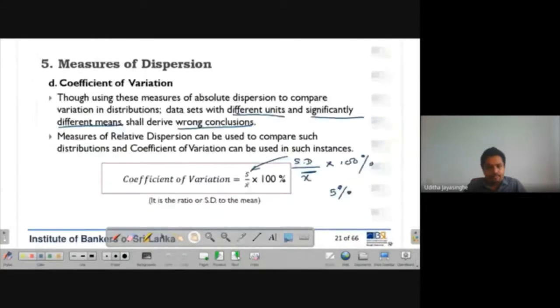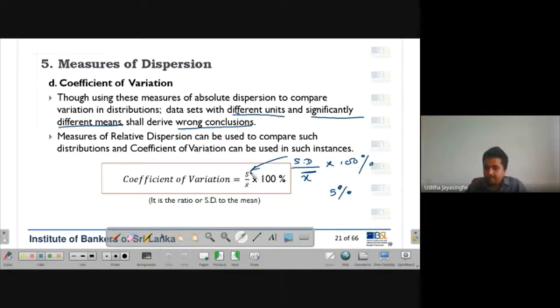And then we stopped our discussion here by introducing the coefficient of variation. Why do we really need this? Simply because we need to compare and come to decisions. When you have data sets with different units and significantly different means, if you do a comparison based on the absolute data, you can come to wrong conclusions.